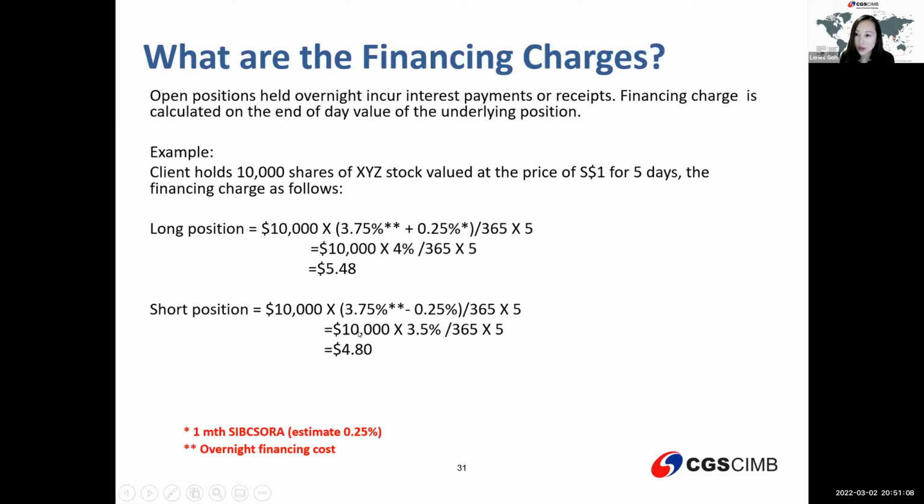Again, you times the contract value, and because I hold it for 5 days, so times up 5 days, I'm going to pay $4.80 for holding this position for 5 days. Okay. And again, like I said, if I buy and sell within the day, there's no financing charges. Okay. So that's the flexible thing about CFD.